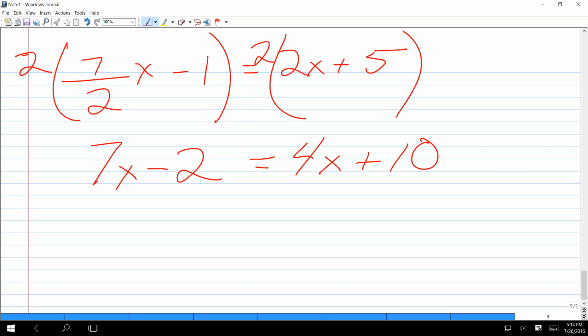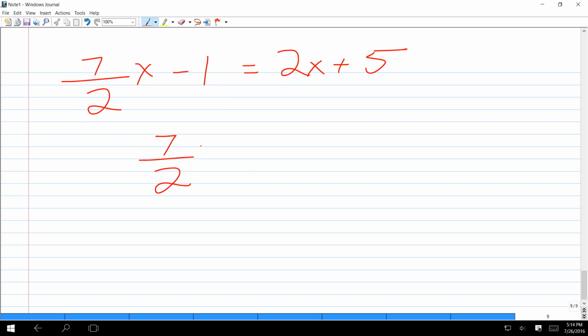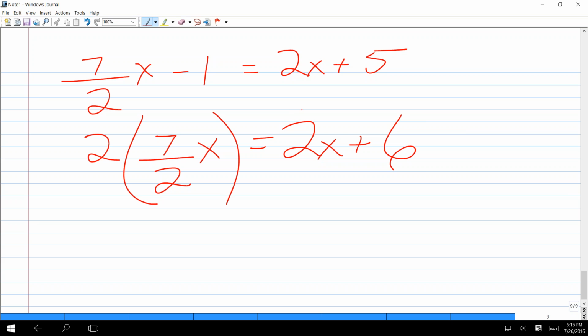But there's actually one thing you can do that's slightly easier than starting out by multiplying everything by 2. What if I move this minus 1 to the right side immediately? And now I have 7/2 x equals 2x plus 6, correct? Now if I multiply both sides by 2, it's a little easier.